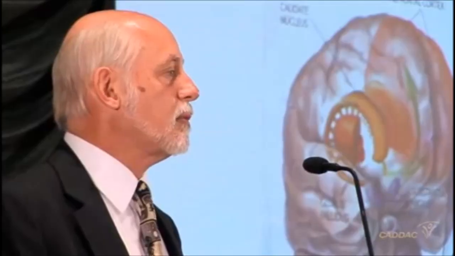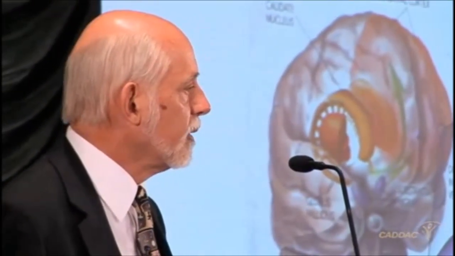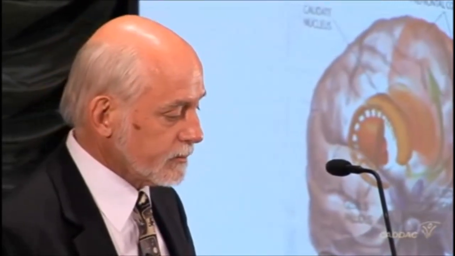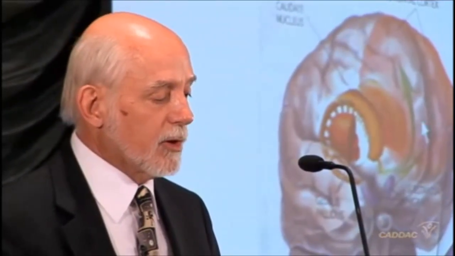Tics, movements, thoughts, obscenities, compulsions, rituals, regardless of what the individual wishes to do, cannot suppress these behaviors, and they will become public. And that is because the system is broken at a very deep level of the basal ganglia, and they cannot suppress them anymore.